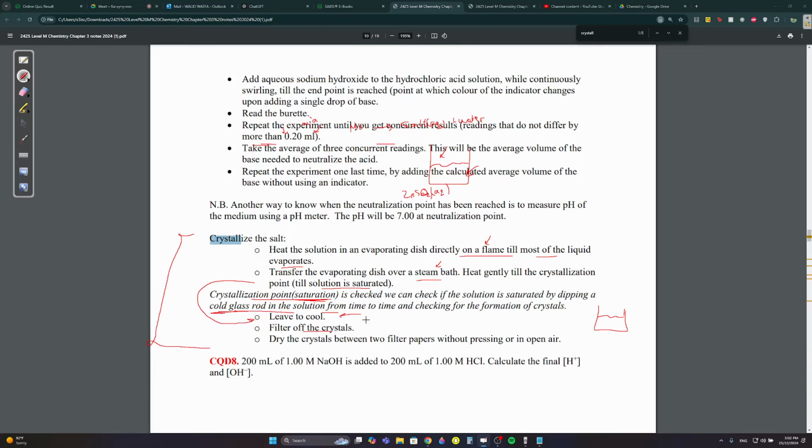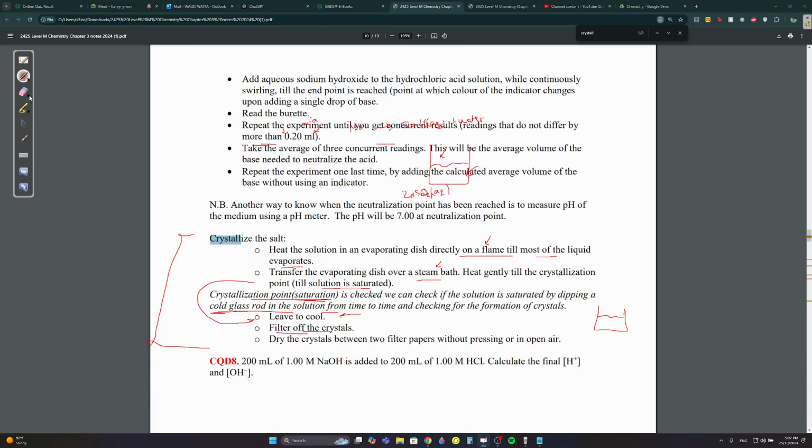Like it rose to the top now, or sinks or whatever. I don't know, but you'll see it in crystal form. That's what's happening here. You made it saturated at a hot temperature. Saturated, it won't dissolve. Then if you cool it, surely there are going to be crystals that form, and then you filter them. Okay, think of it like the coffee thing. You filter it and then you dry the crystals.